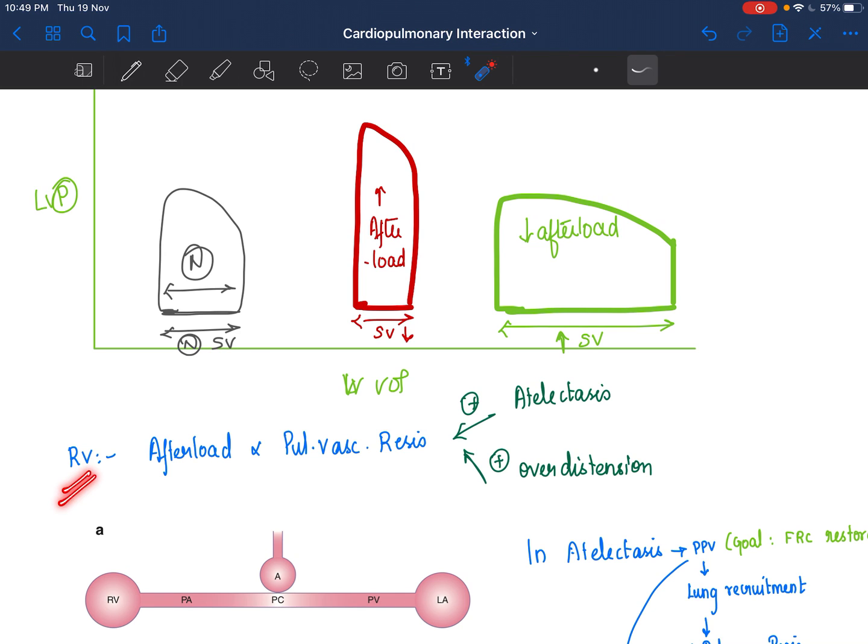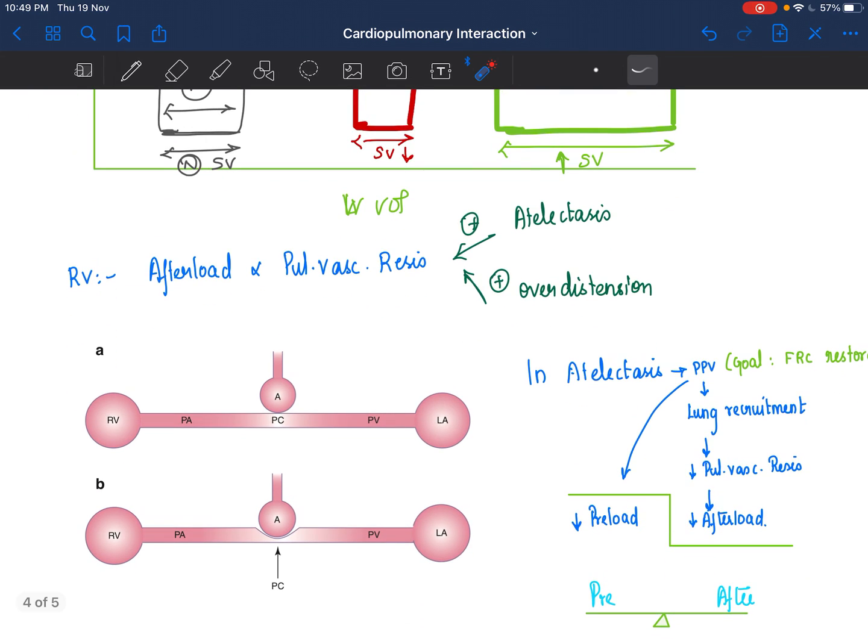What happens to the right ventricle? For the right ventricle, as we discussed, afterload depends upon your pulmonary vascular resistance, correct? In a physiologic state where the lungs are normal, you have the alveoli here, and the right ventricle pushing blood into the pulmonary artery. It comes through the pulmonary capillaries and goes into the pulmonary vein into the left atrium. Now you have positive pressure ventilation, which is going to distend the alveoli.